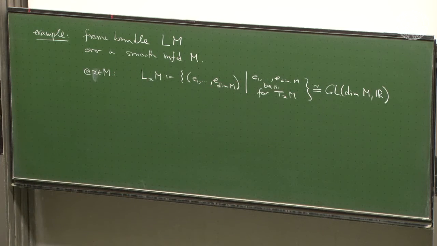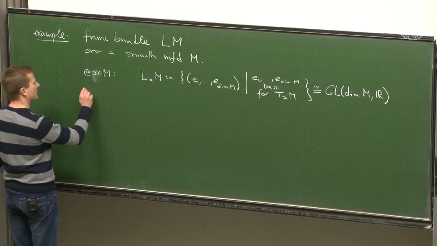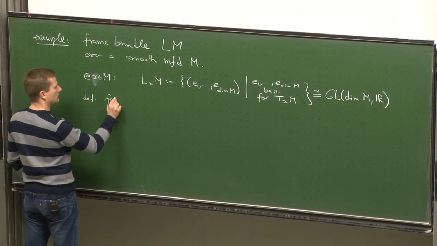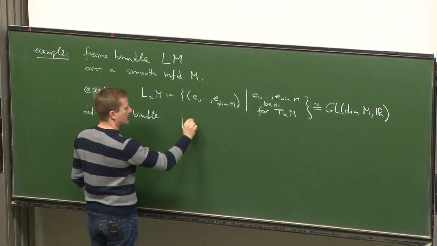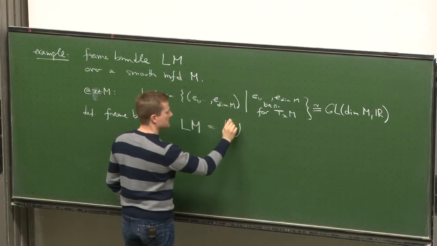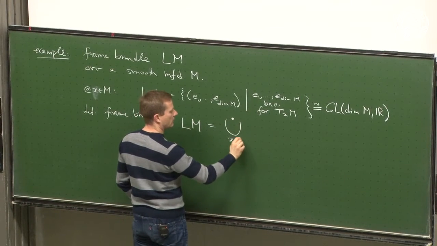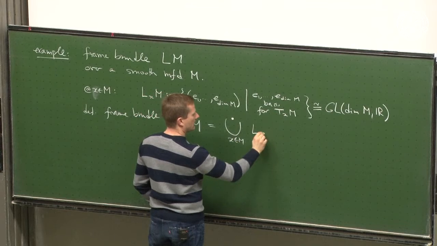So that's definitely the case, and we'll invoke that isomorphism in a second. But then we define the frame bundle LM as the disjoint union over all the x's in M, L_xM.